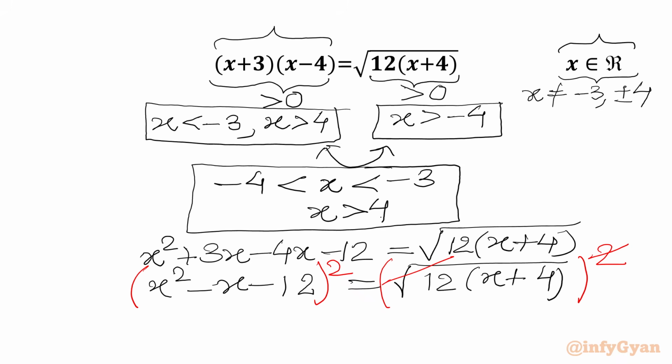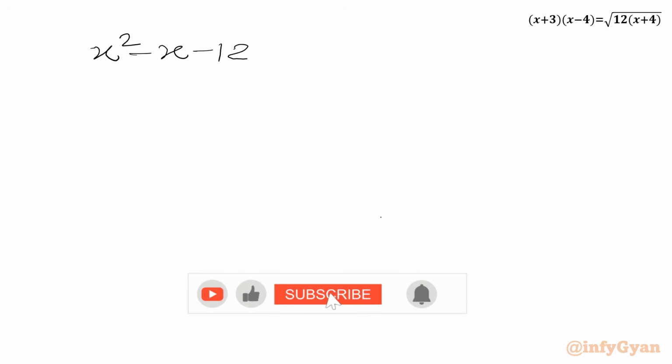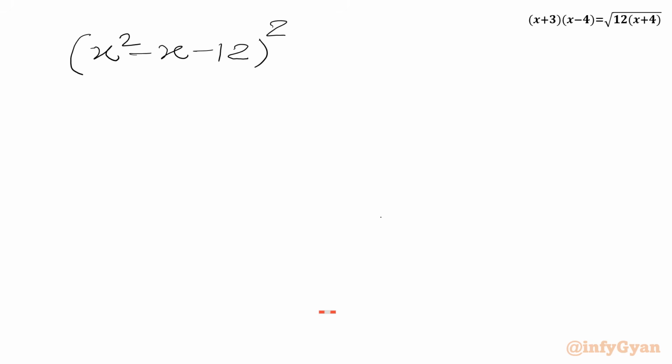So let me write here x square minus x minus 12 whole square will be equal to 12 times x plus 4.